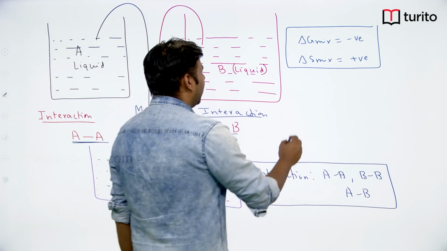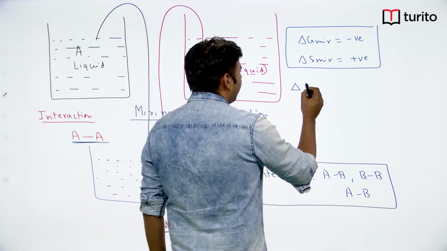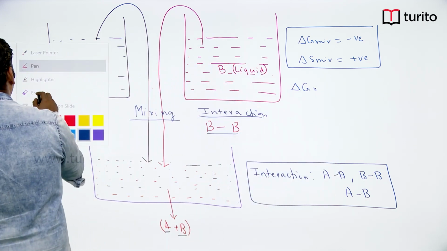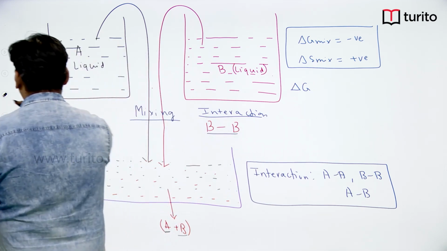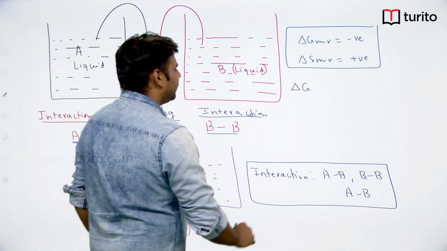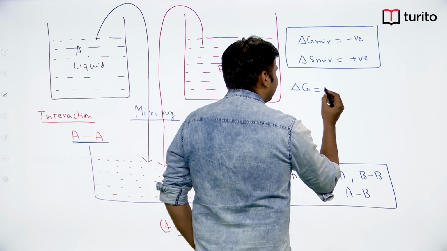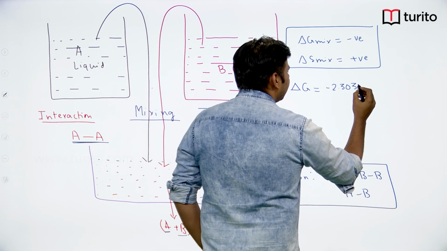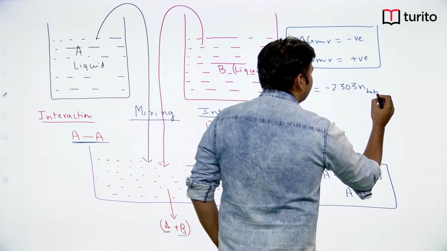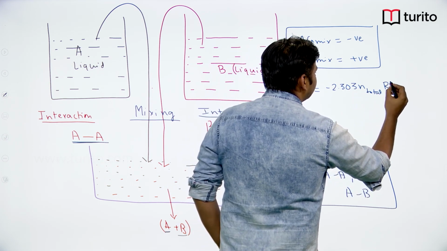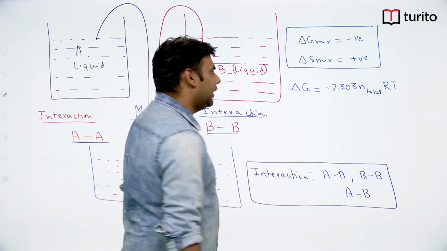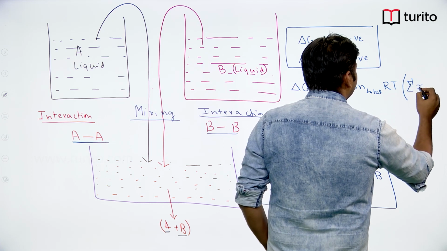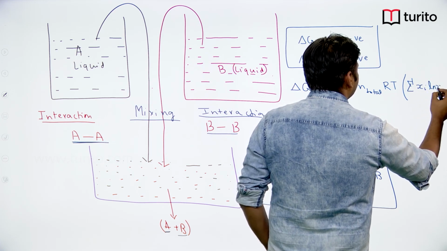Now if you look at the formula, delta G is given by, and this is not in the syllabus, but we have derived this in the gaseous state chapter, so we can directly say that delta G would be 2.303 N total into R, the gas constant, into T, the temperature, into the summation of Xi ln Xi.